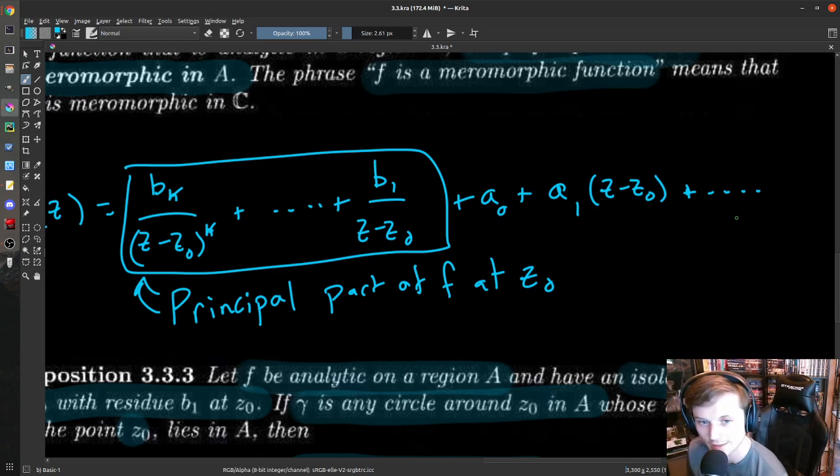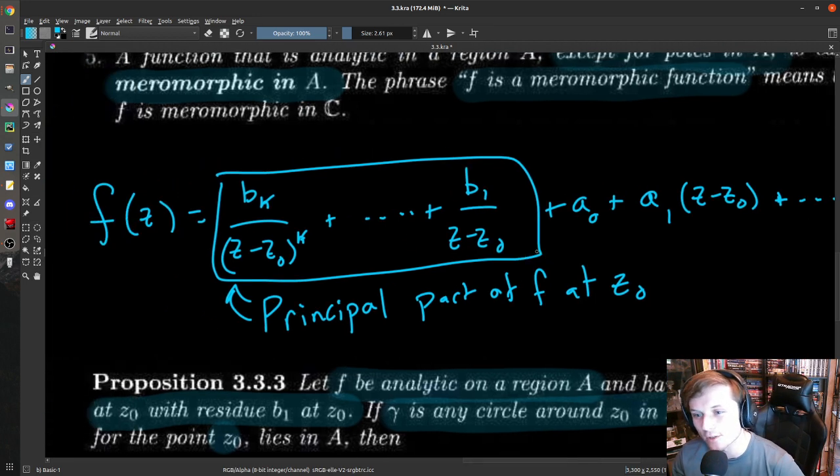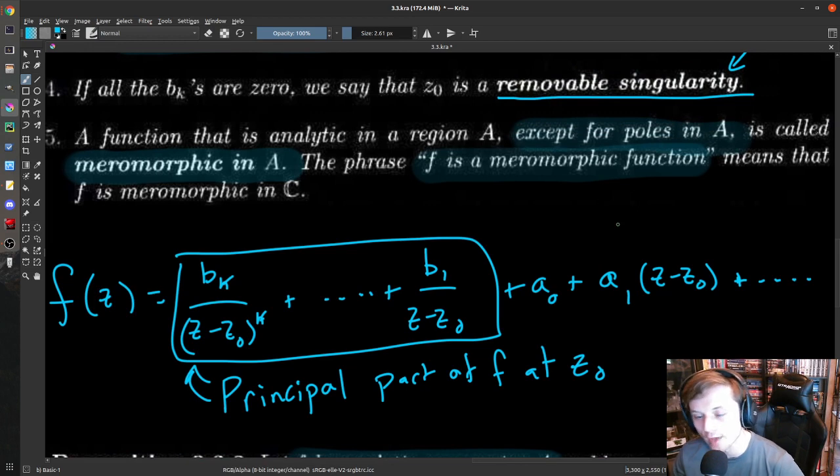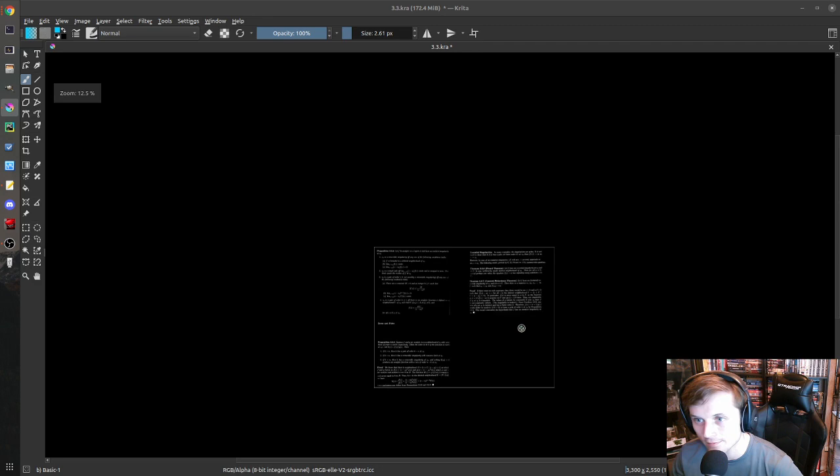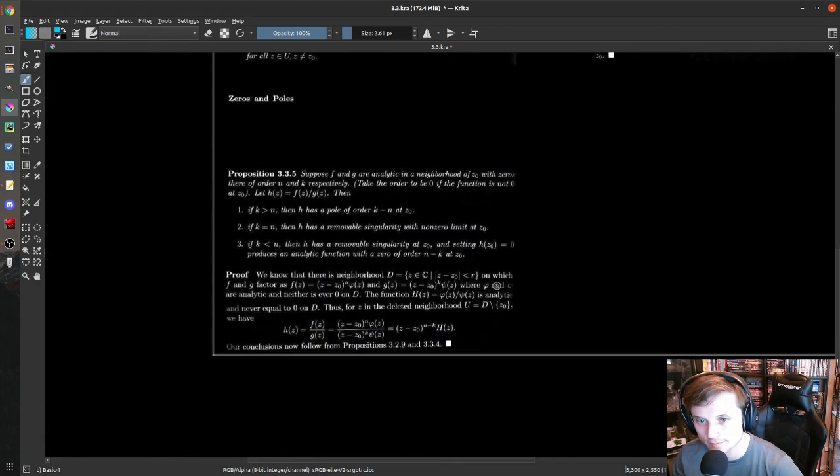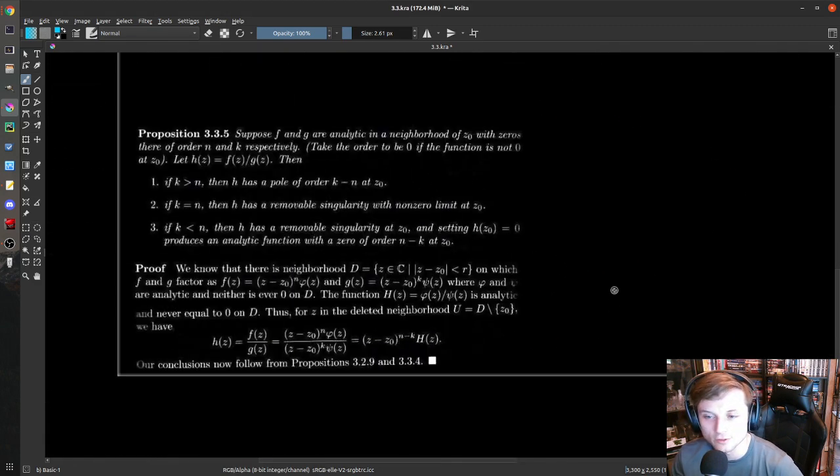And so that tells you that having a pole of order k is sort of like having a zero of order k. This way of thinking about things is totally reasonable.